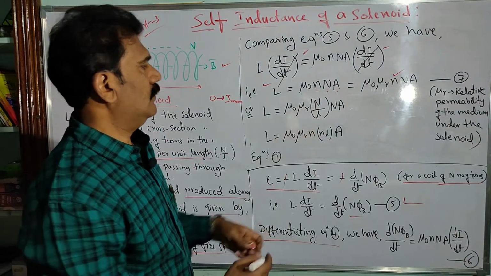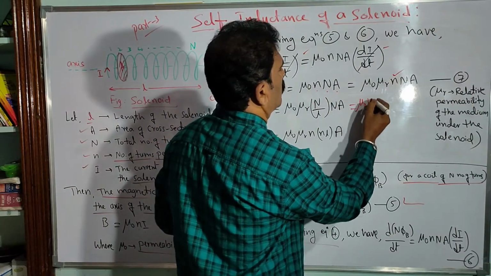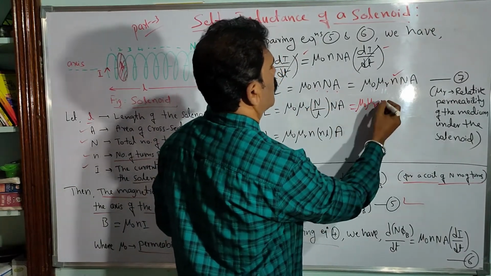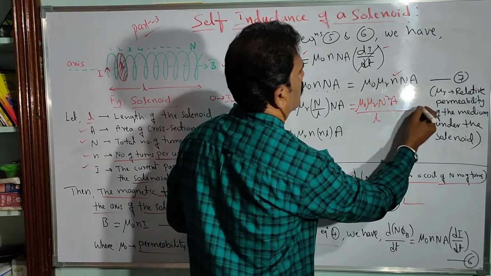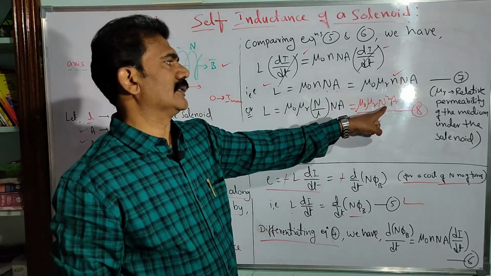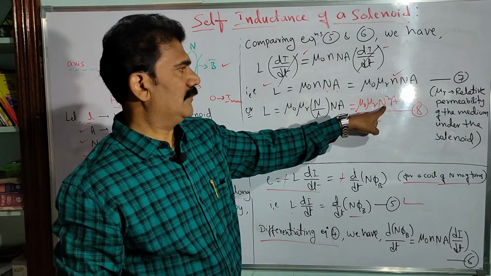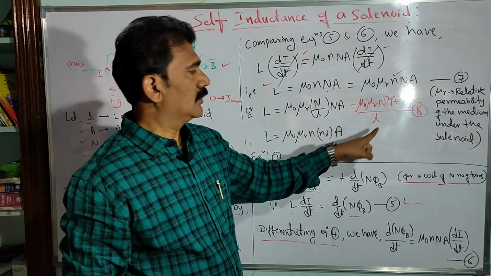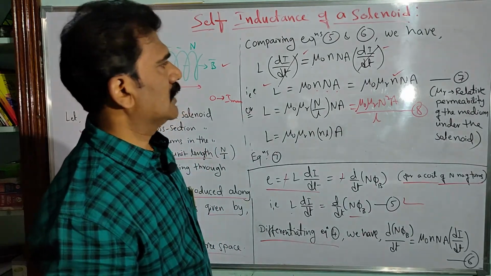The equation reduces to mu naught mu r N squared A divided by l, let it be equation 8, in terms of only the total number of turns. So L depends upon the total number of turns present in the coil, the area of cross section, and the total length of the coil also. So equation 8 is another form.